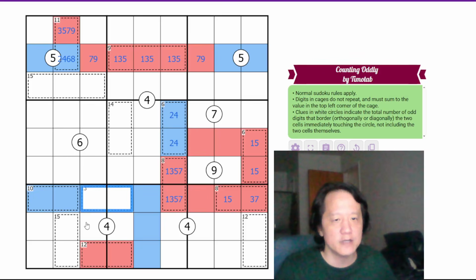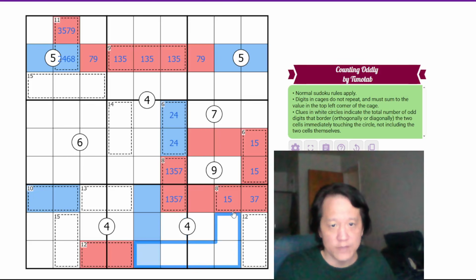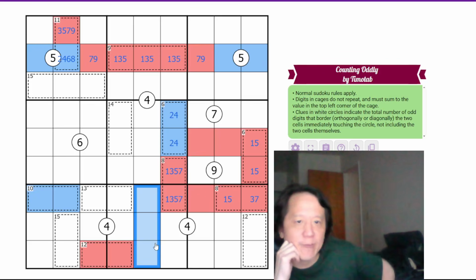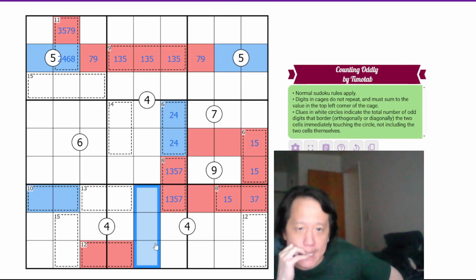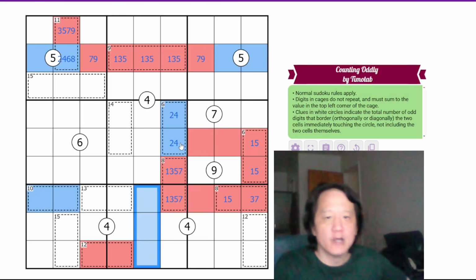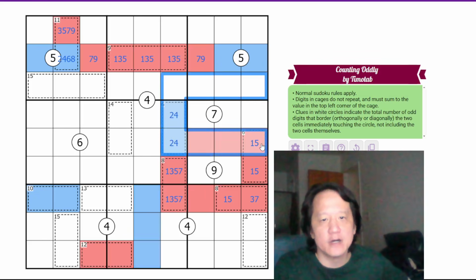We have an odd and even here, an odd and even there. One of these is odd. We have 3 evens there. We have surrounding here 7 odds.